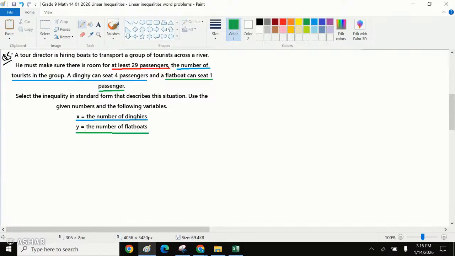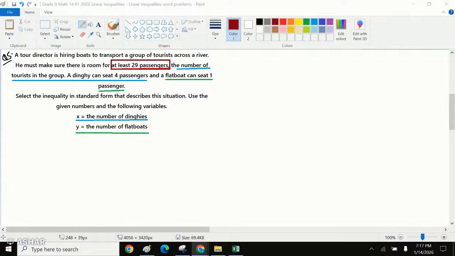They're saying at least 29, which means it could be 29 passengers or any number greater than 29. It could be 30 passengers as well, because the minimum number of passengers we need to accommodate is 29. They have not given us the maximum number, they have given us the minimum number, right?